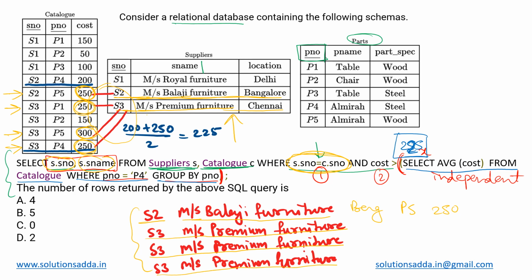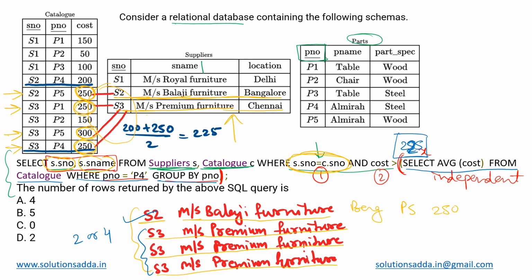Now you might get a doubt that when we look at the result, only this first tuple is unique, but all these below three ones are the same. So will we count them distinctly or just a single one? So answer should be 2 or 4. But as you remember, this is an SQL select query, so it will not discard the duplicates.